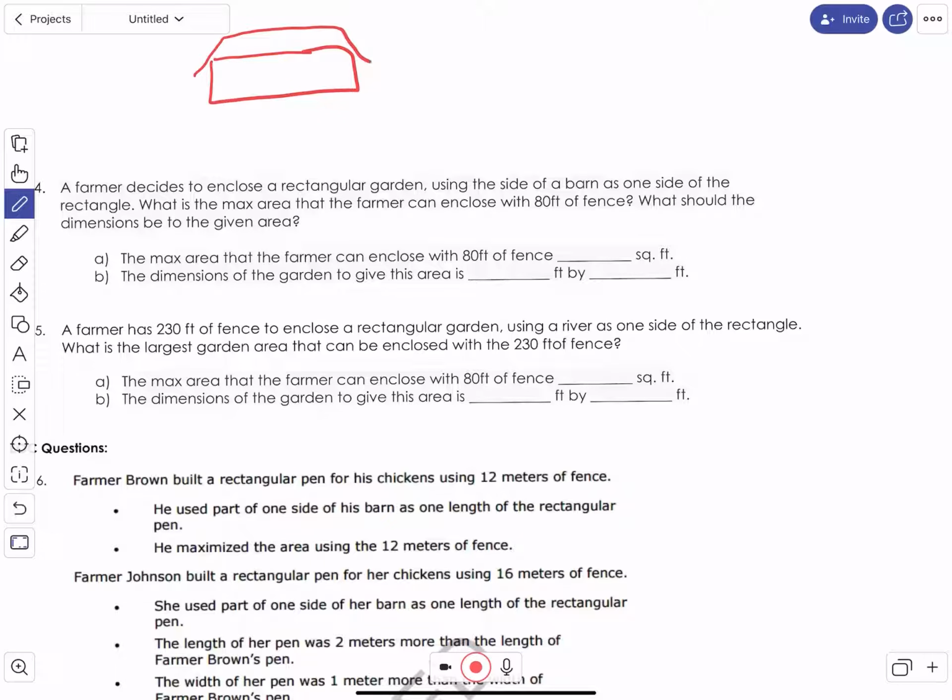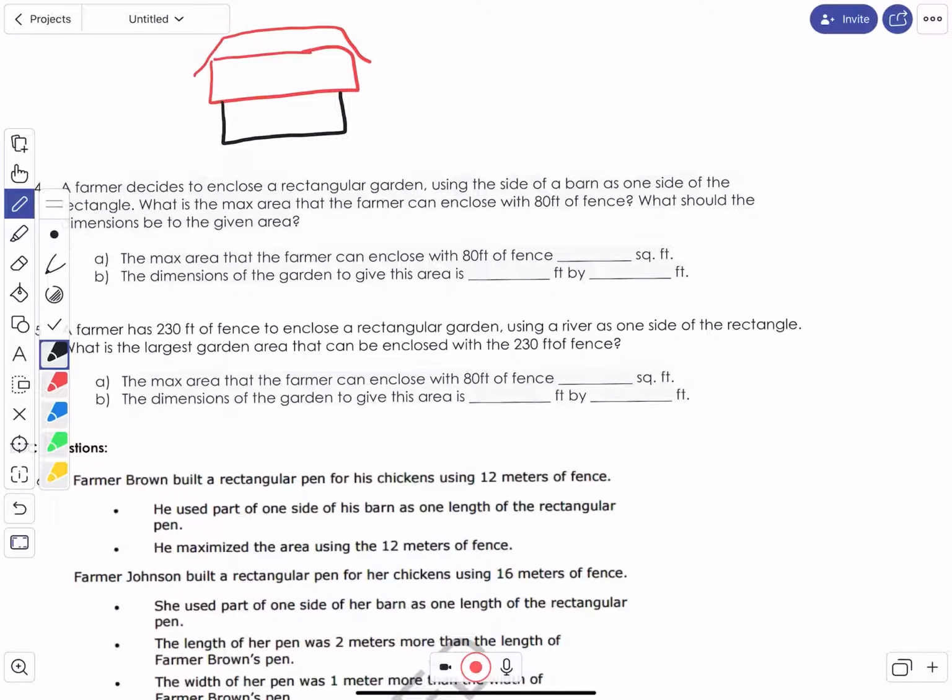It's not a very good barn, but there's his barn. And here's his fence that he's going to use. So he's got 3 sides of fence because he doesn't have to use one side of fence. We don't know the lengths that he's using yet.